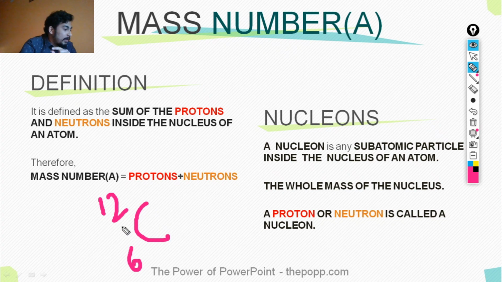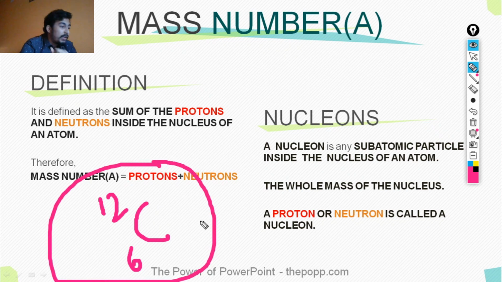So how would you calculate the number of protons, electrons and neutrons from this particular representation? It is very easy, trust me. As we can see, this is a neutral atom.